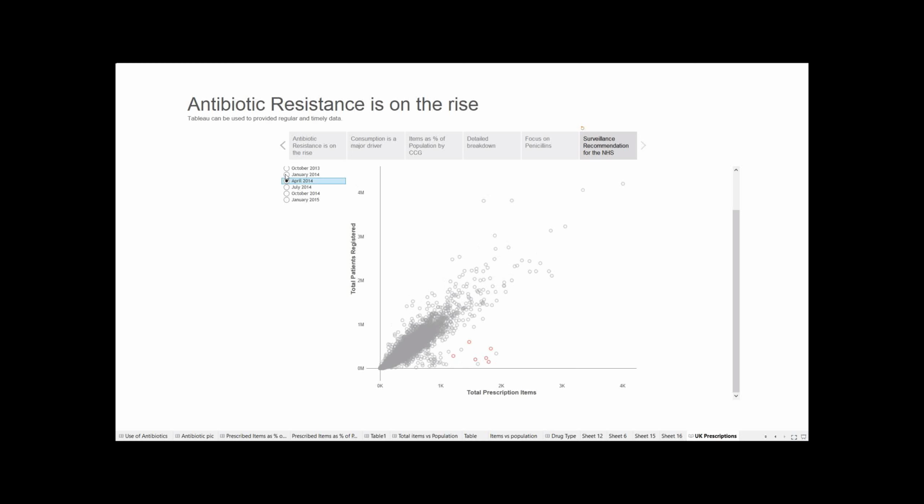It'd be interesting to maybe pick those practices out and then do some spatial analysis with proximity to hospitals, because what you might find is those practices prescribing a lot of antibiotics are just attached to a hospital, and so of course you've got loads of patients coming out who just had surgery or whatever, and naturally they're fulfilling a prescription for antibiotics. But I think it would be nice to take that story forward and explore and try to figure out whether there are any that you should be more aware of.